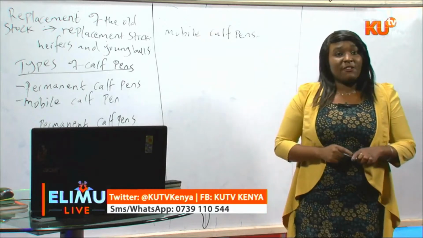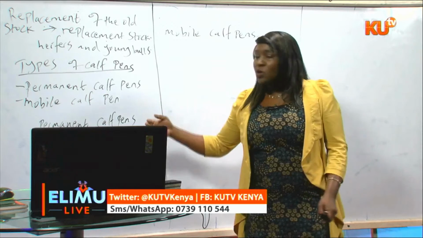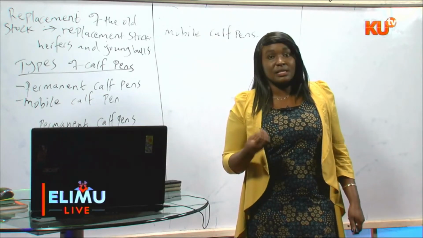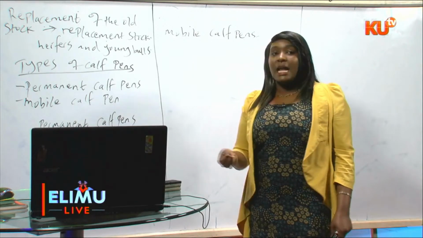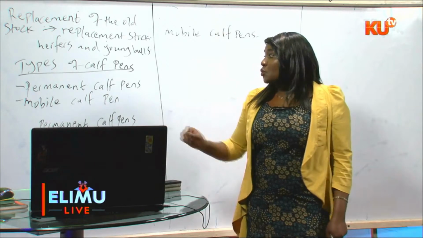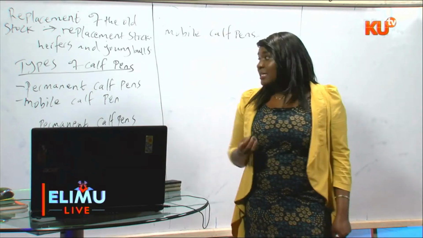So the permanent calf pens, we said maybe a disadvantage you can talk about is the fact that you require materials that are a bit expensive to construct, like the sand and the ballast and the cement to make the concrete ones. That makes it a bit expensive.